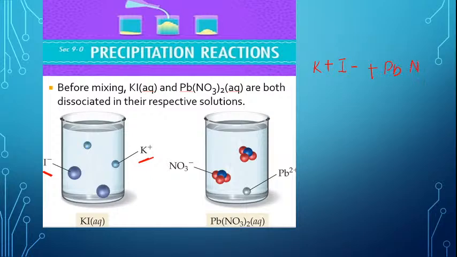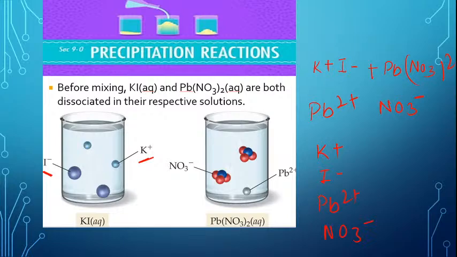Lead nitrate is Pb(NO3)2. So that also contains Pb2 plus, and nitrate means 1 minus. So we can see there are four types of ions: K plus, I minus, then lead is 2 plus, and nitrate is 1 minus. They will exchange their ions with each other, and when they do, new substances will be formed.